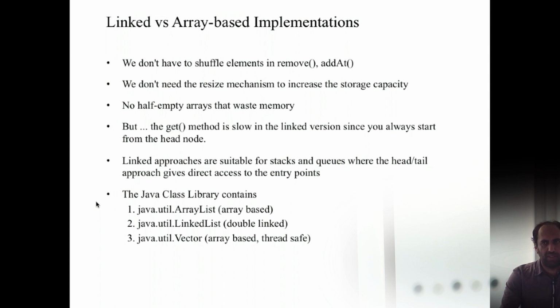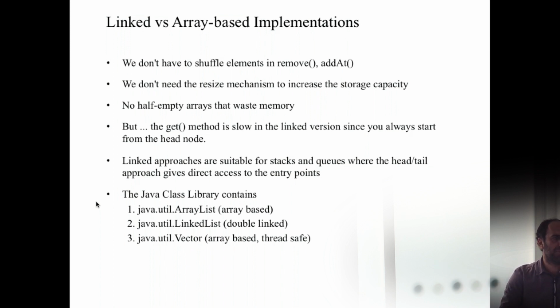However, one of the problems with the linked list based implementation is that in the array-based implementation, the get operation is quite fast. You just specify the index and you retrieve the element. But whatever implementation you use, a double linked list or a simple linked list, you have to visit quite a few elements to get to a specific element.